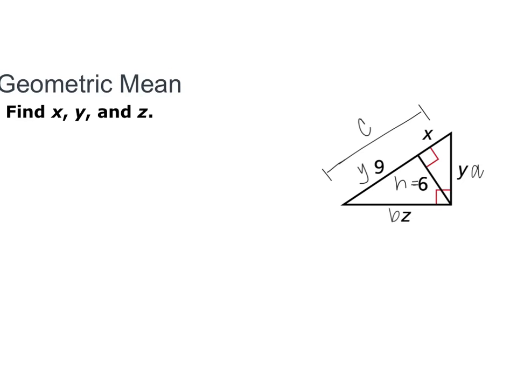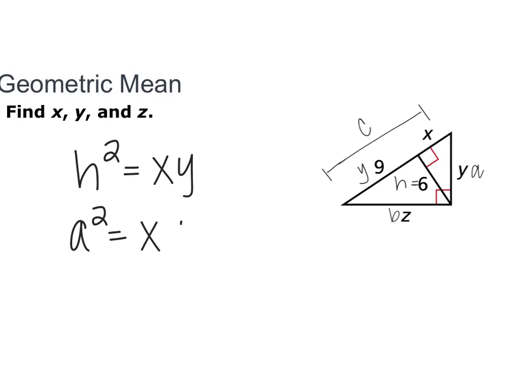So h squared equals x times y. We know a squared equals x times c, and b squared equals y times c. I can't really solve for a squared or b squared because I have no idea how long c is.